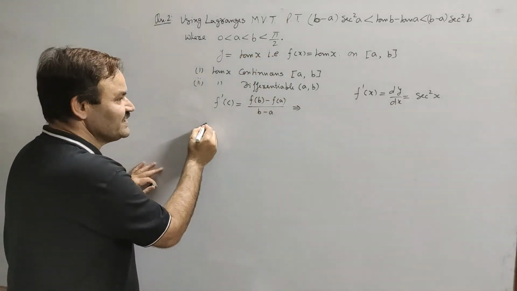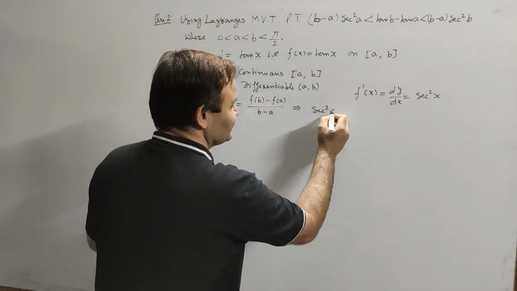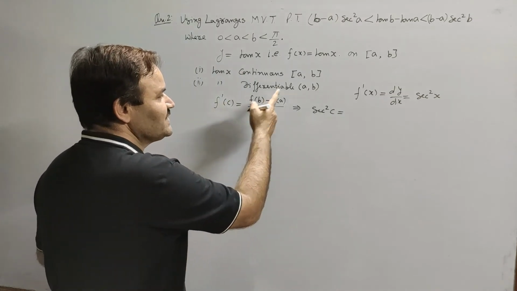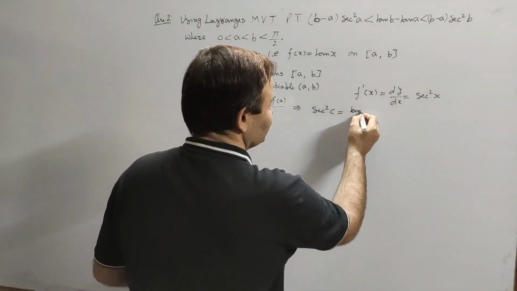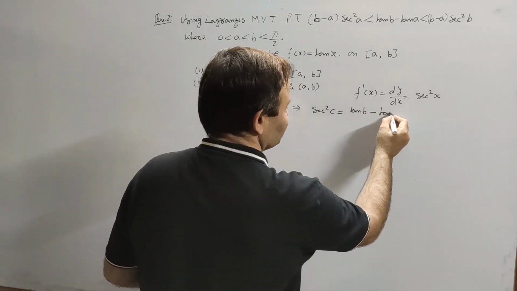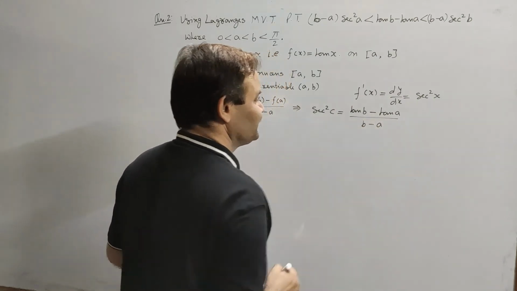So f dash c will be sec square c is equal to f b, that is tan b, minus f a, that is tan a, upon b minus a.